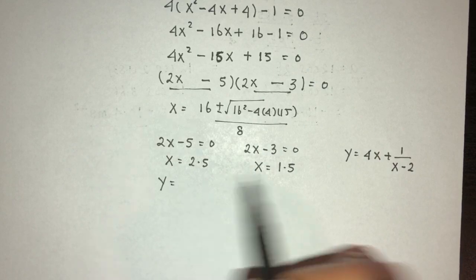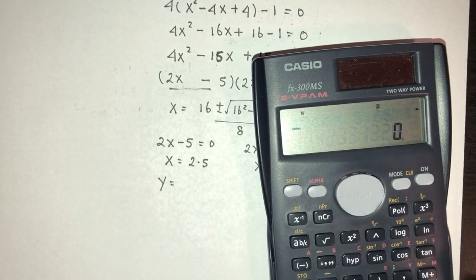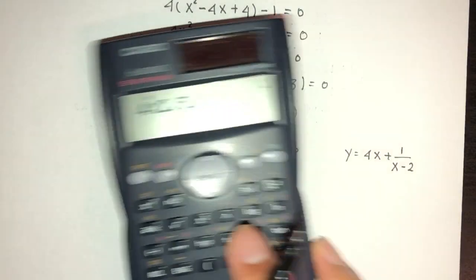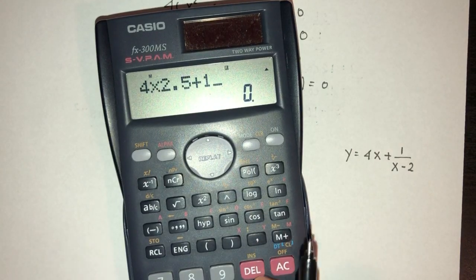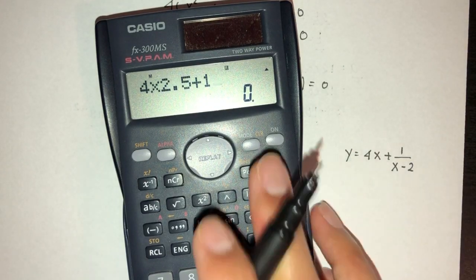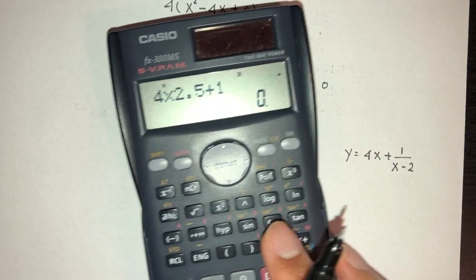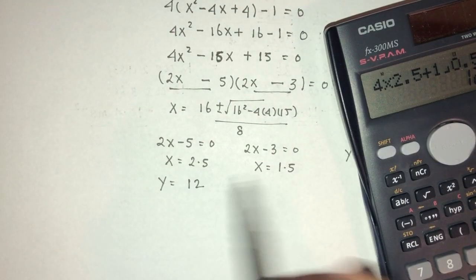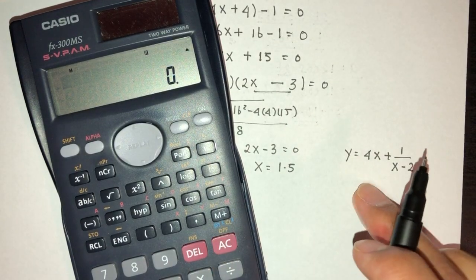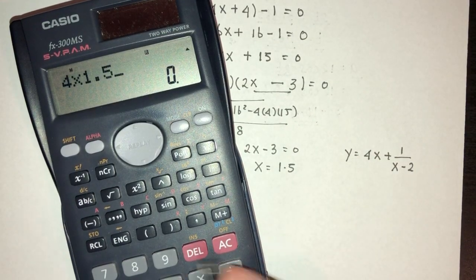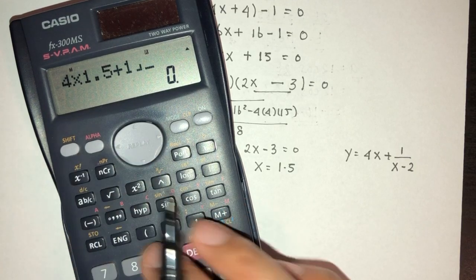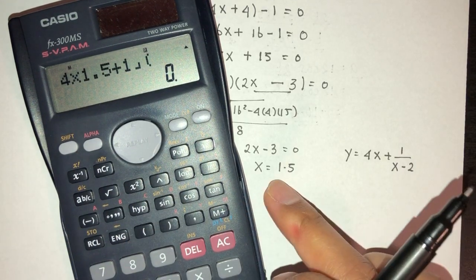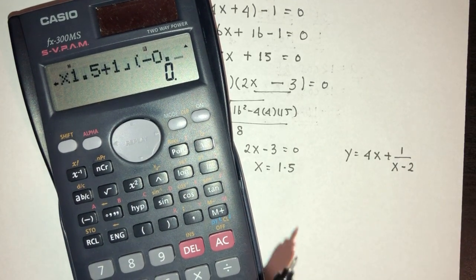So y is what? So 4 times x, which is 2.5, plus 1 over x minus 2, that is 0.5. That is 12. Now for this one, 4 times x, which is 1.5, plus 1 over 1.5 minus 2, that will be minus 0.5.